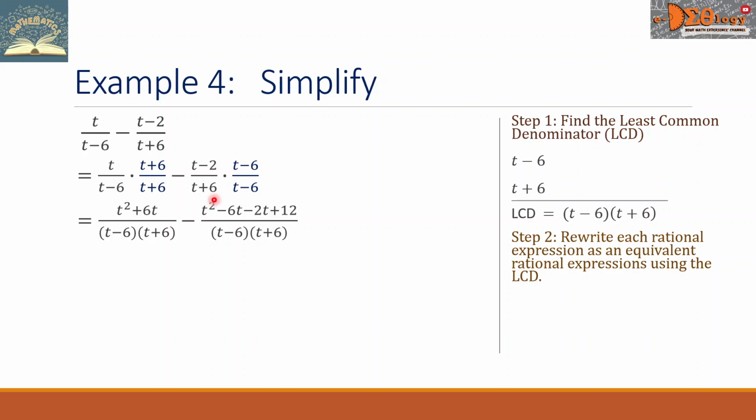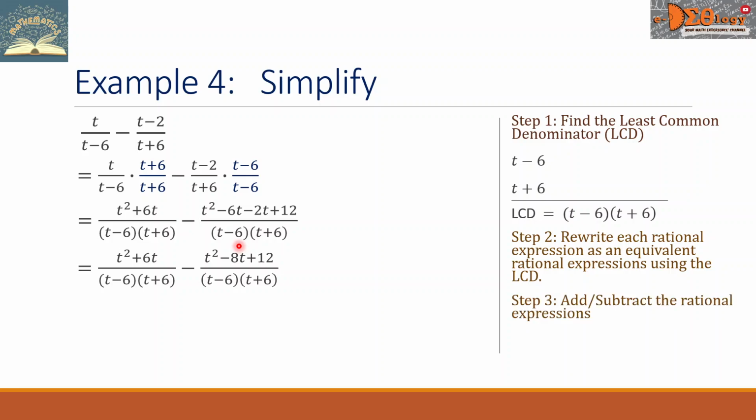So t times t is t squared. t times negative 6 is negative 6t. Negative 2 times t is negative 2t. Negative 2 times negative 6 is positive 12. Over the denominator, t minus 6 times t plus 6. Then we simplify further our numerator. This negative 6t combined with negative 2t, we have negative 8t.